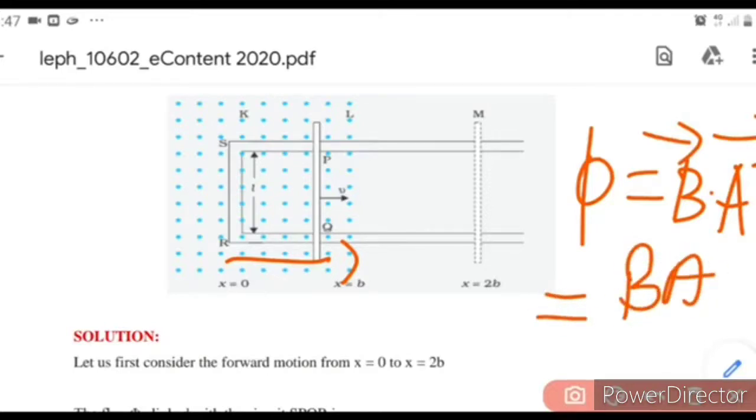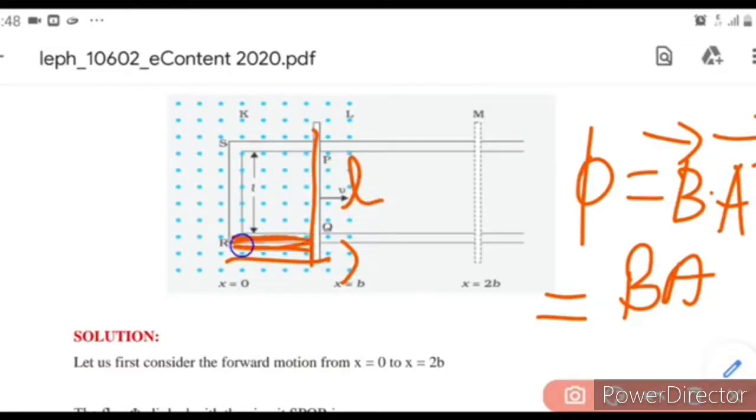Here what is A? A becomes L into x, where L is the length of the conductor PQ, which is fixed.